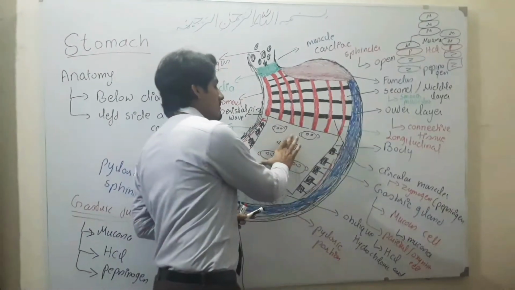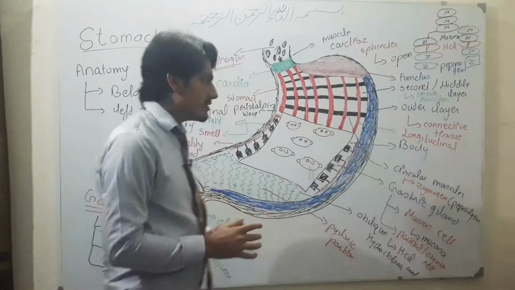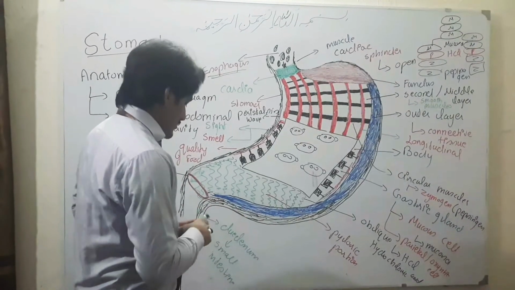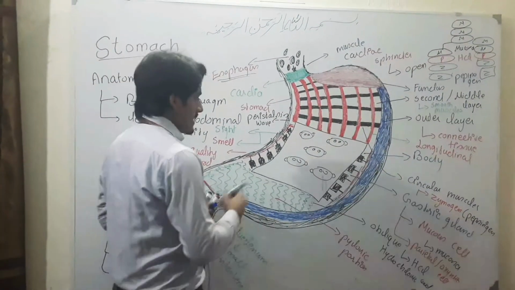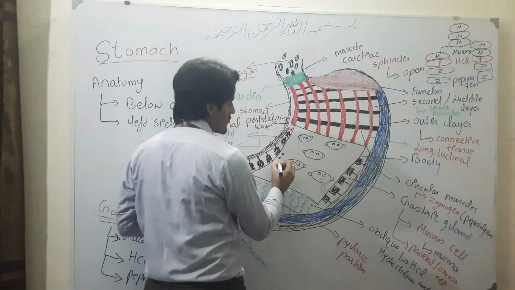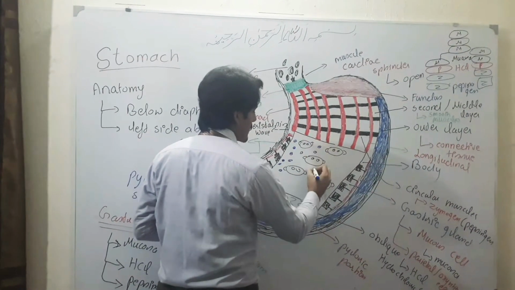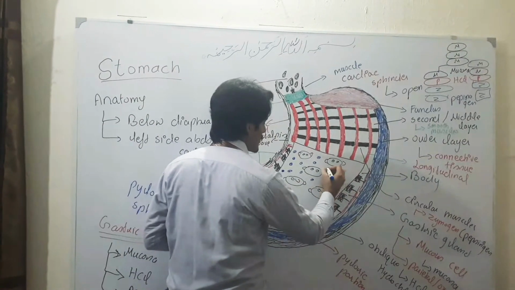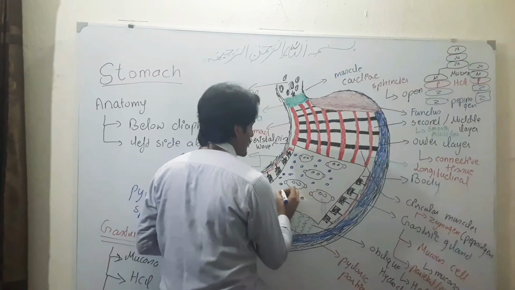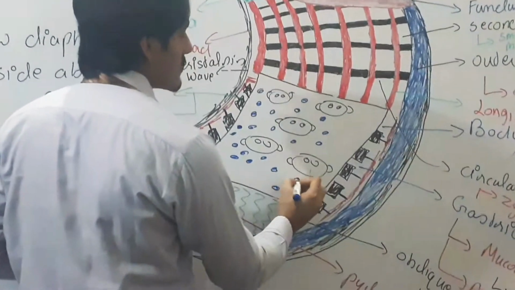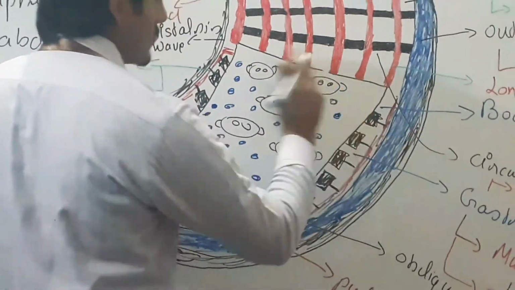When the food particles come inside the body, the gastric gland will secrete the gastric juice. This one is the gastric juice.